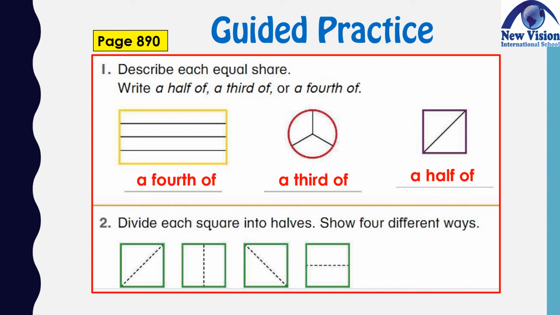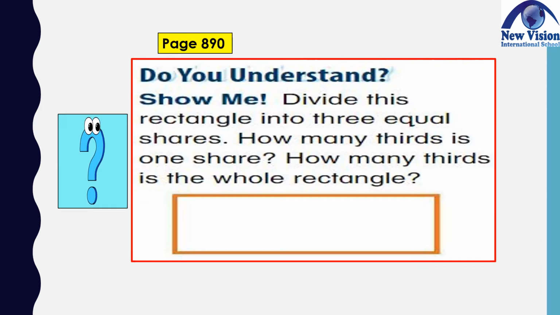Now number 2, divide each square into halves. Show 4 different ways. Sample answer here. Divide this rectangle into 3 equal shares.